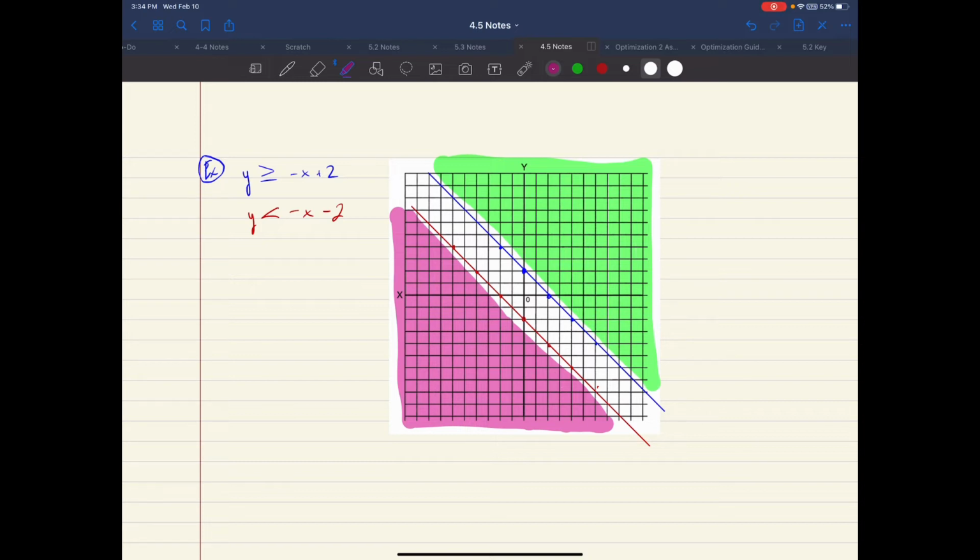So this is where we don't have a solution region. Parallel lines, which are shaded like this, won't have solutions. So this is a no solution, because there's no intersecting region. That happens sometimes.